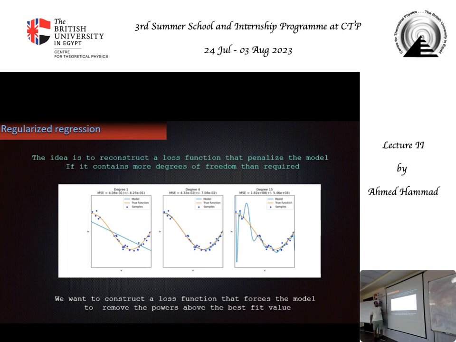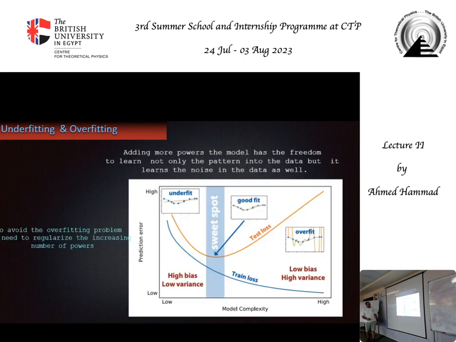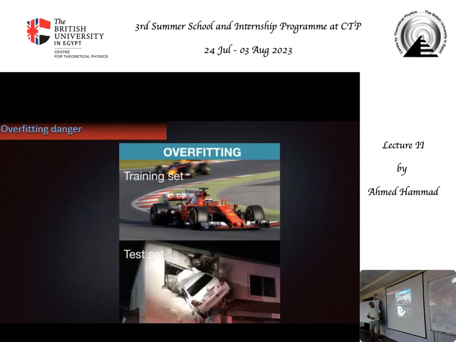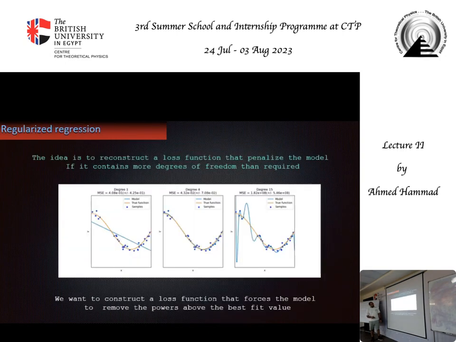If you have a small number of degrees of freedom, like the power of the polynomial, then you have this classifier. This is the complexity of the model, how many fit parameters it has. With a polynomial of degree 1, you have a large bias, and the model is unable to describe your data well.